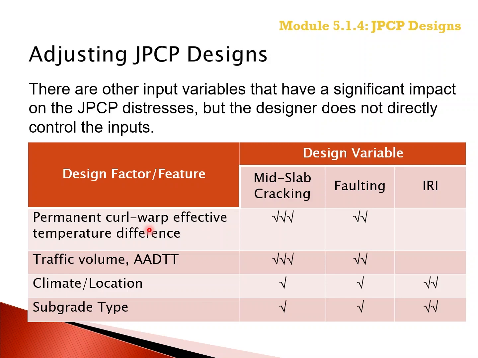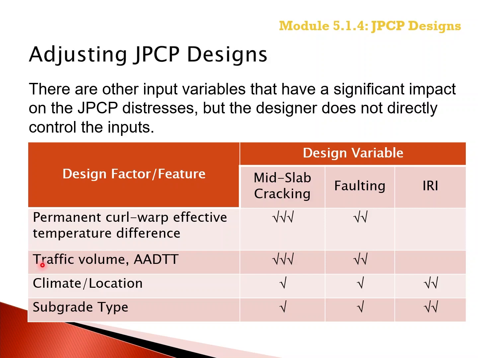So this is an important variable, but it's usually not controllable by the designer. It's usually defined through the global and/or local calibration process. Again, certain construction techniques can have an impact on this variable, and if that can be defined, then the designer would be encouraged to use those values.